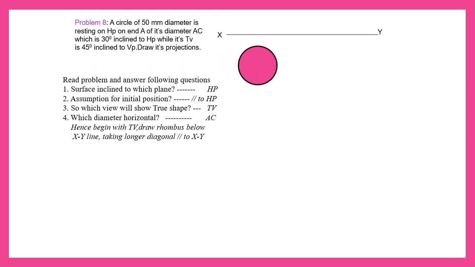So next, a circle is given. So same procedure. You can divide the circle into 8 equal parts so that you will get the ellipse in a more uniform manner.